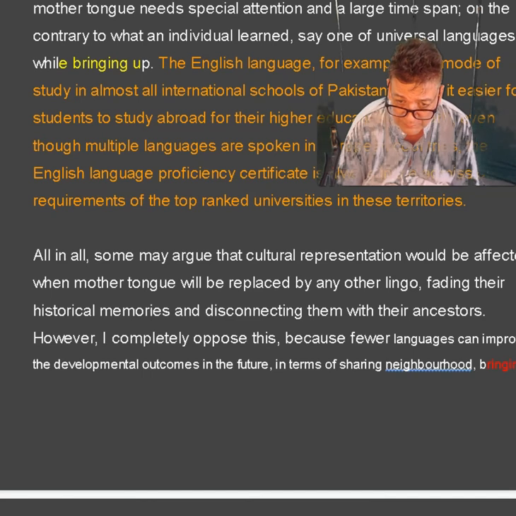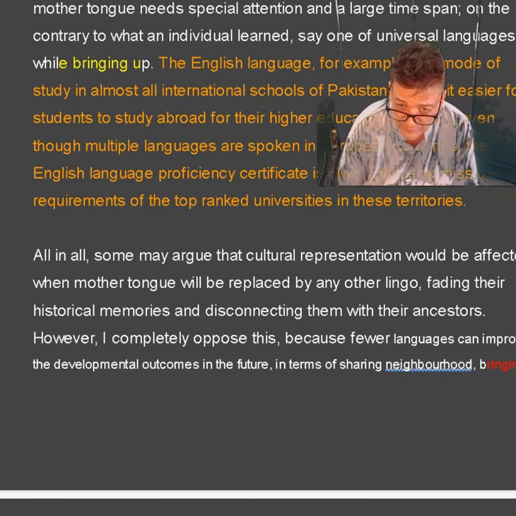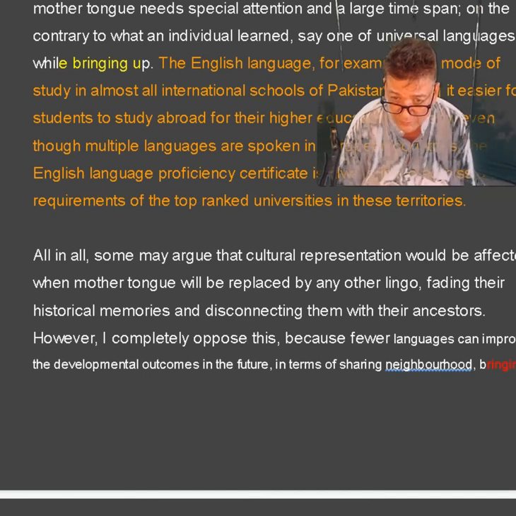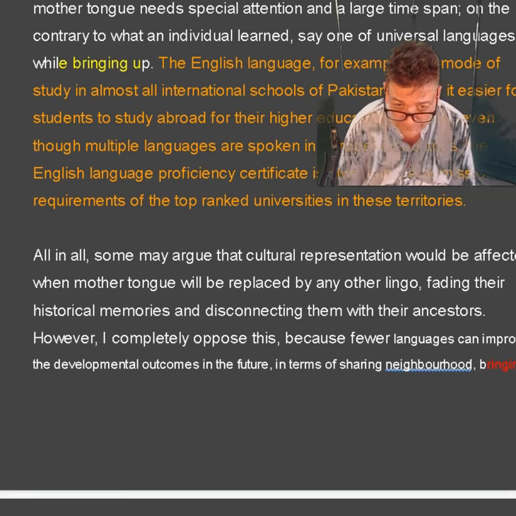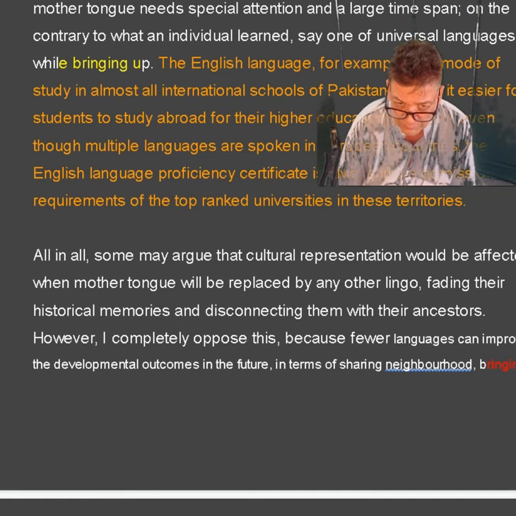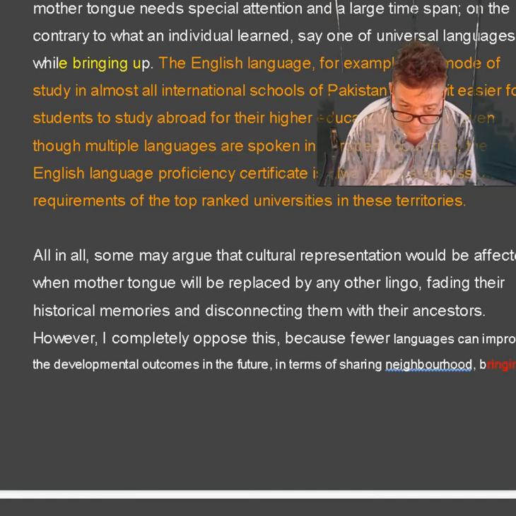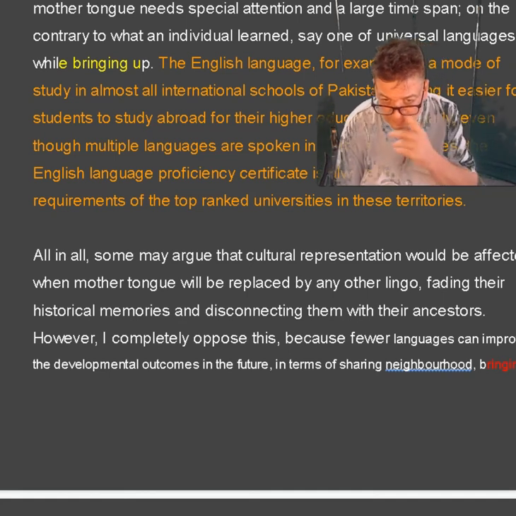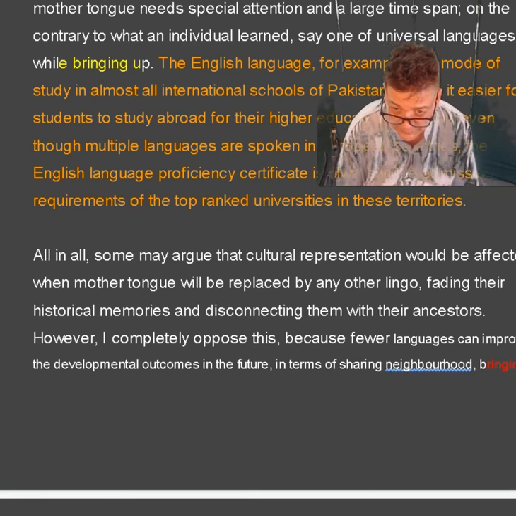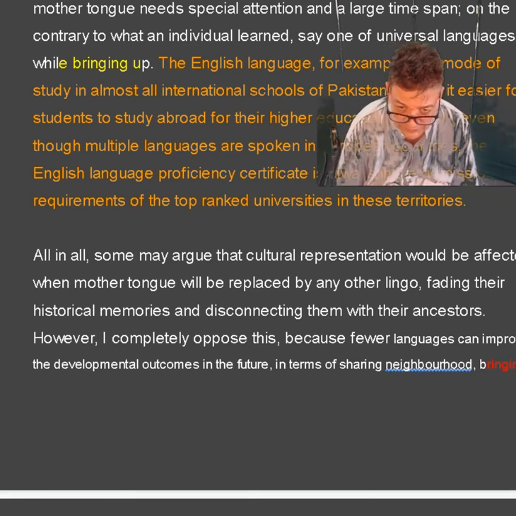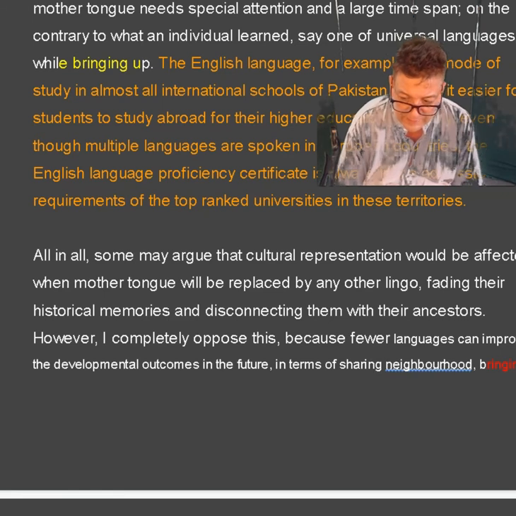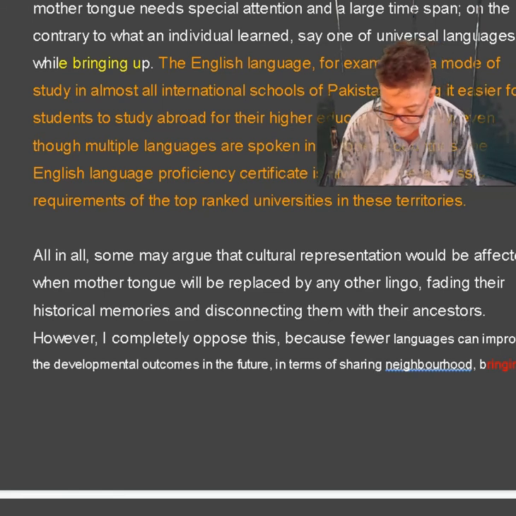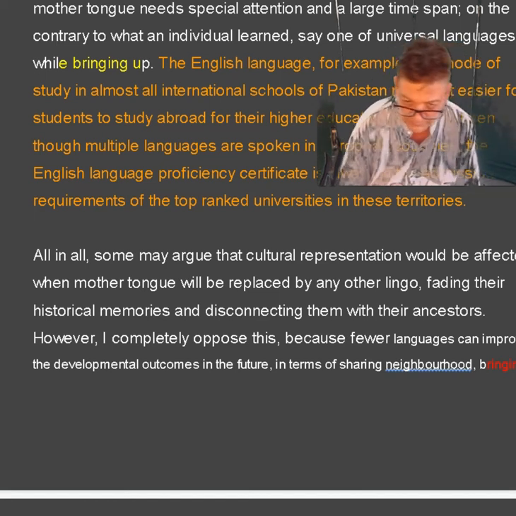Fading historical memories and disconnecting them with their ancestors. Who's being disconnected? However, I completely oppose this. It's good that you oppose the replacement of memories and disconnect. No, you oppose because fewer languages can improve the development outcomes in the future. If Chin State has 4 languages instead of 8, it's not going to do much for the development of Chin State. It really won't.